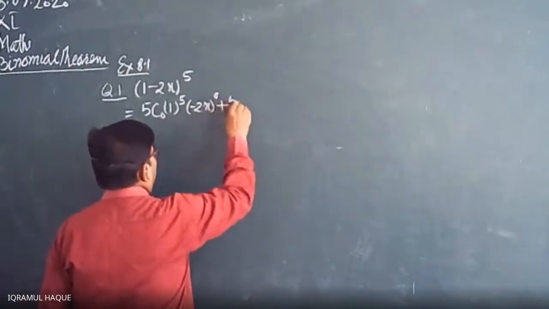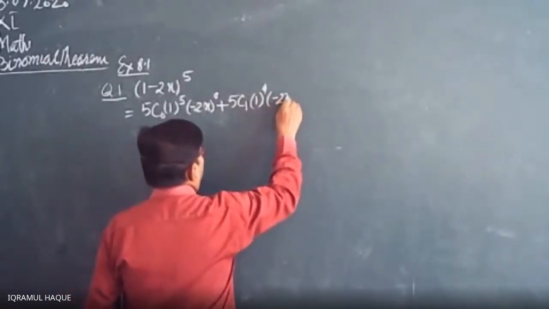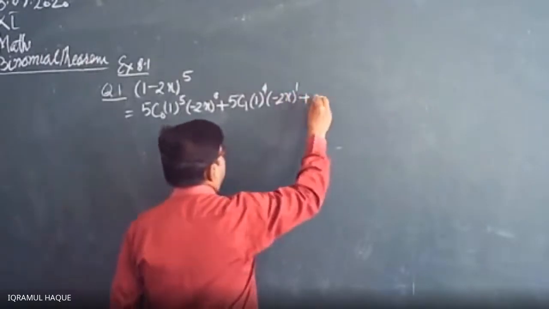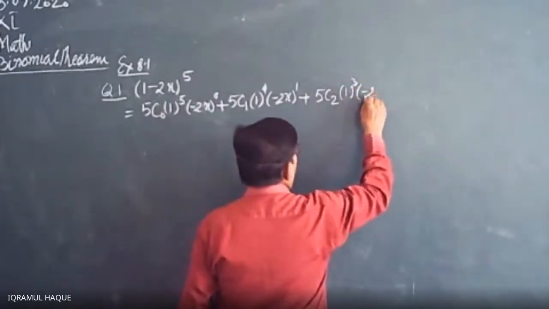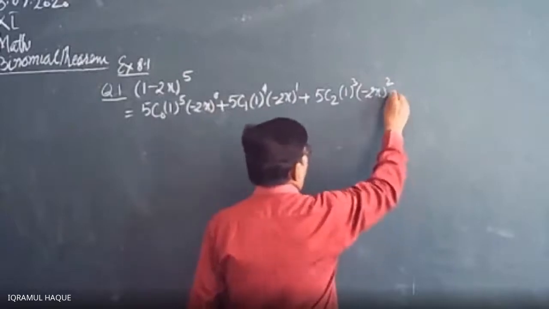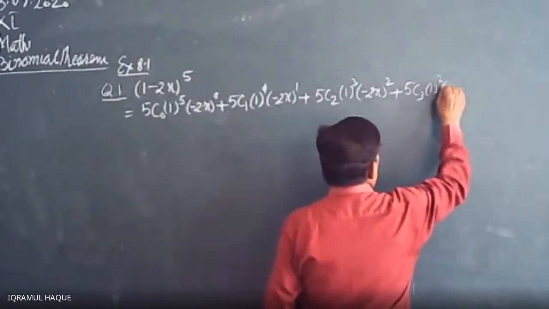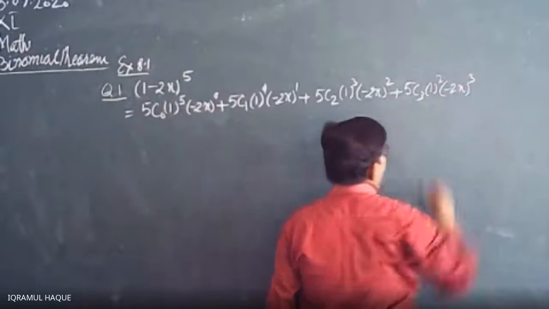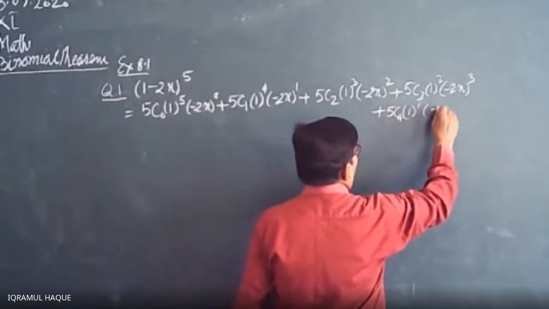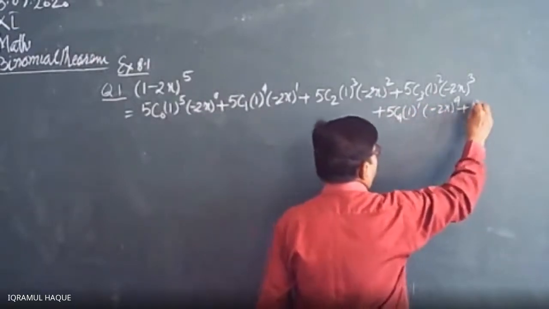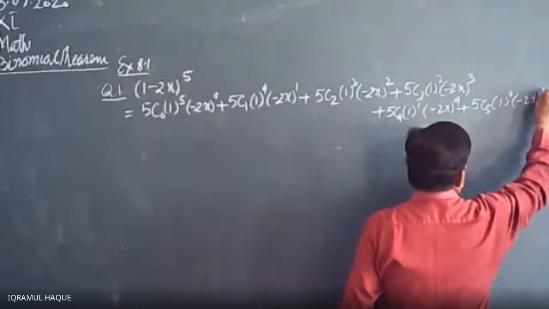Second, 5c1, 1 to the power 4 and (minus 2x) to the power 1, plus 5c2, 1 to the power 3 and (minus 2x) to the power 2, plus 5c3, 1 to the power 2, (minus 2x) to the power 3, plus 5c4, 1 to the power 1, (minus 2x) to the power 4, plus 5c5, 1 to the power 0, (minus 2x) to the power 5.